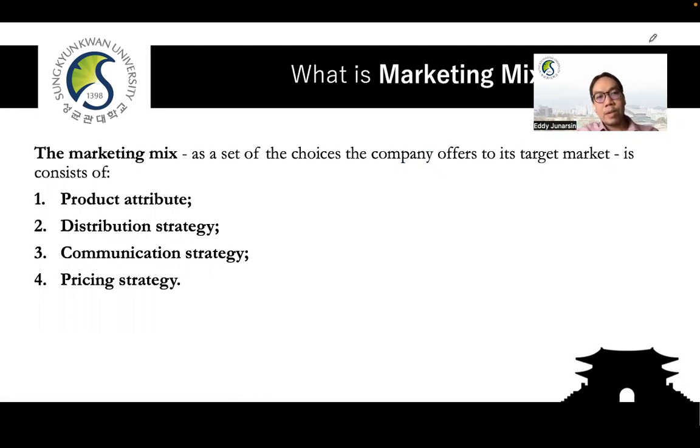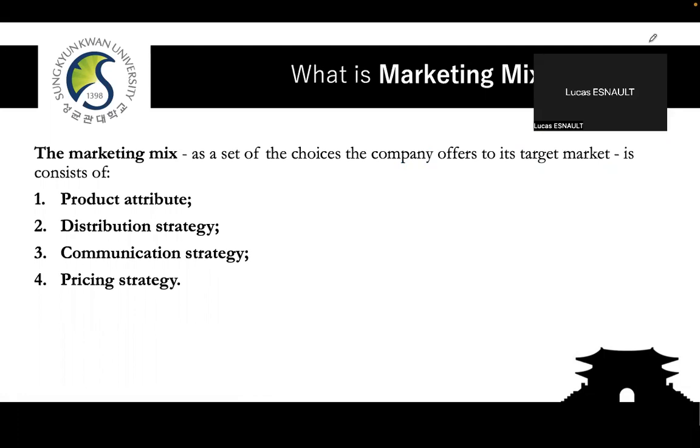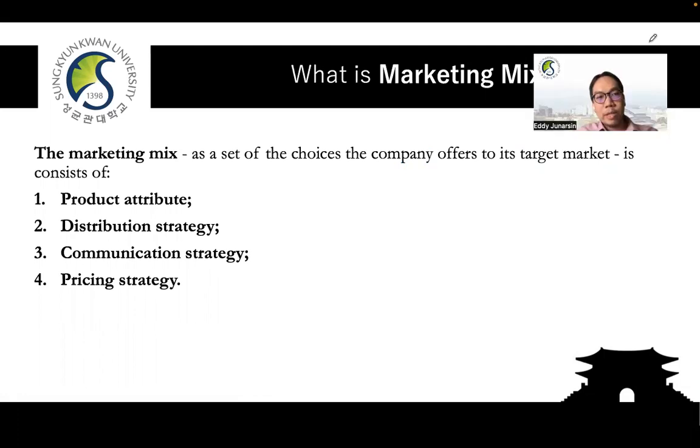And the modern marketing mix has more than the 4 Ps that we have known in the past. So this is the first P, the product; distribution strategy, I could call it place; then communication, which is essentially the promotion; and of course the fourth P is pricing.